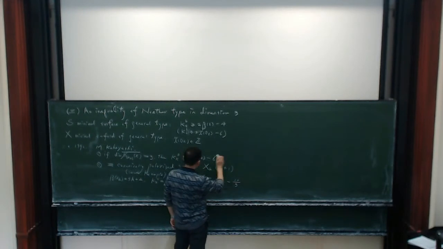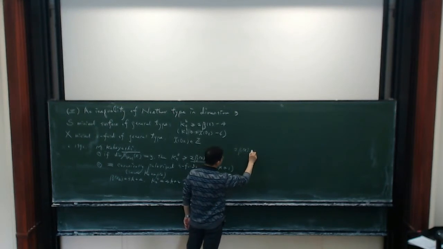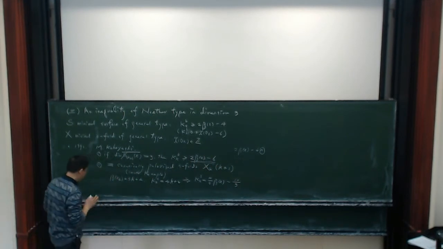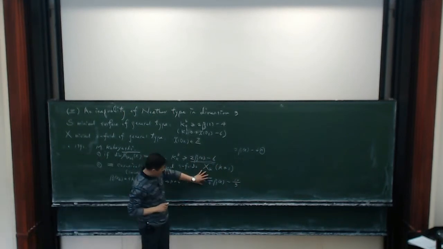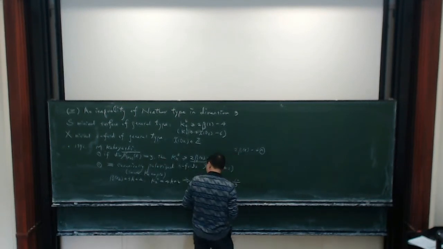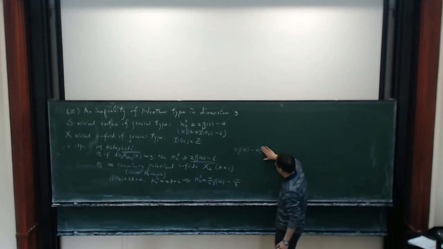A very naive expectation is 2p_g of X minus 2n, where n is the dimension of this variety. So this inequality cannot hold. So therefore, we want to study this problem.